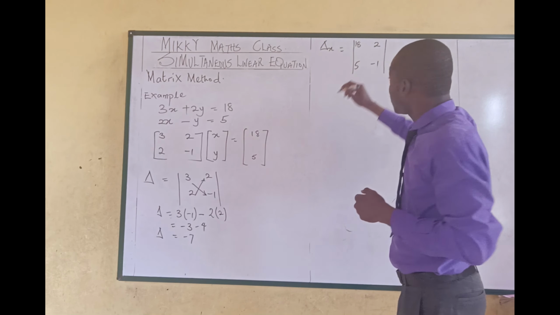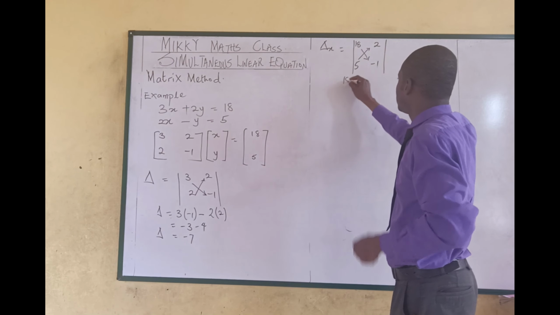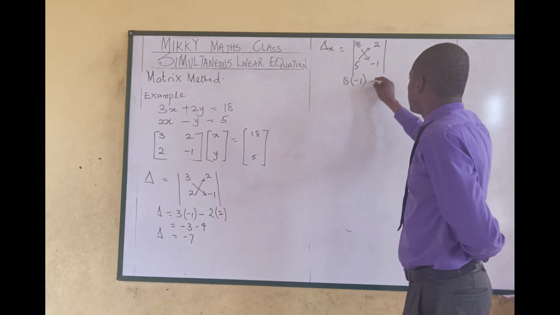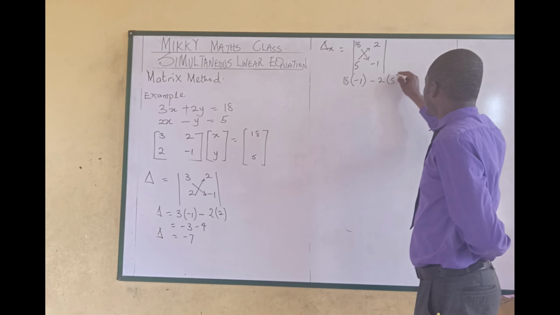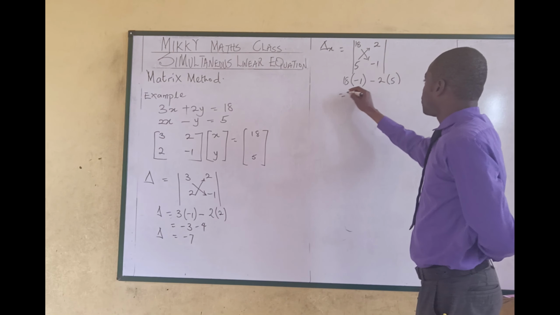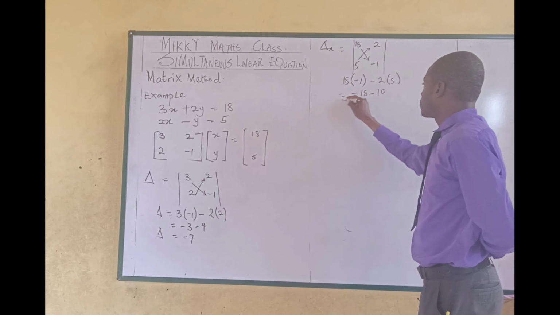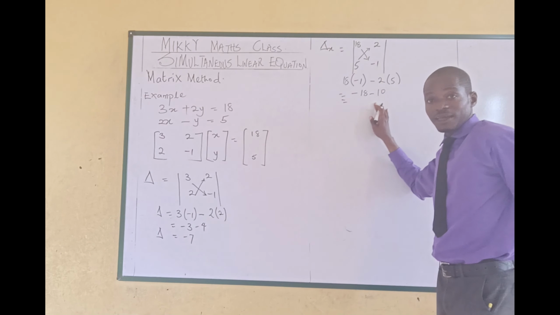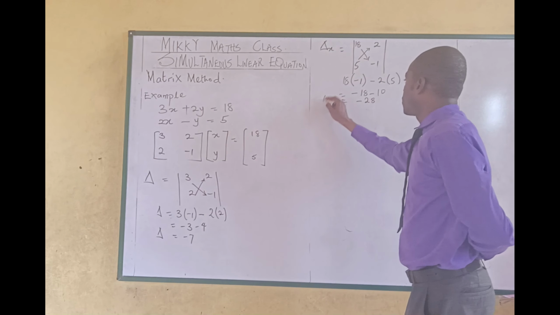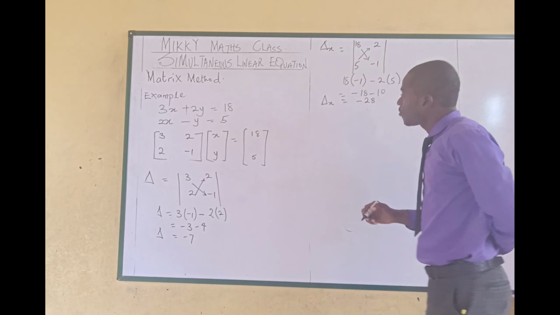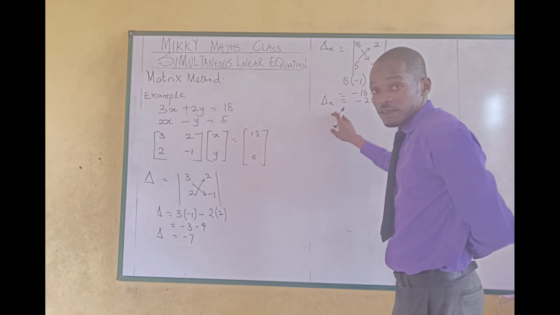I find the determinant: 18 times negative 1 minus 2 times 5. This is minus 18 minus 10, that's minus 28. That's my delta x, the determinant in the order of x.